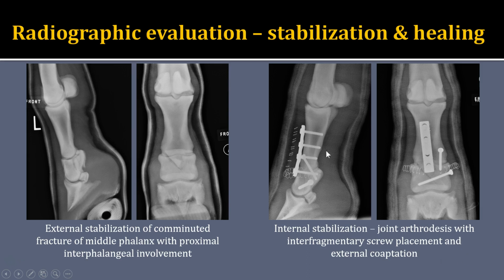But then this patient went on to have an internal stabilization with arthrodesis of that proximal interphalangeal joint, because it was an intra-articular fracture, as well as some other intrafragmentary screw stabilization of the fracture. And so they obtained radiographs immediately postoperatively to ensure that the surgery accomplished what the goals were.